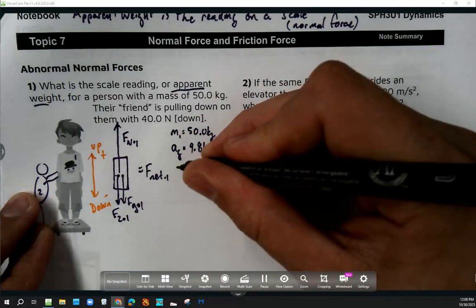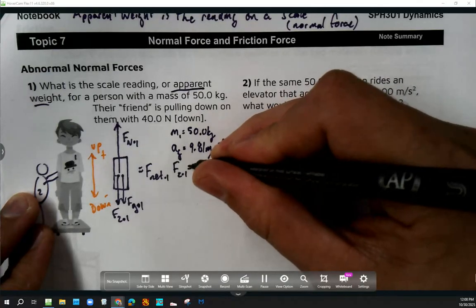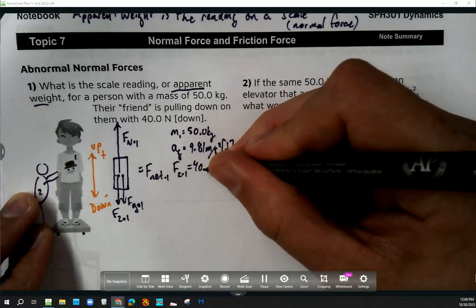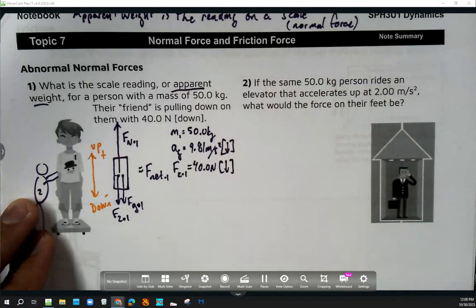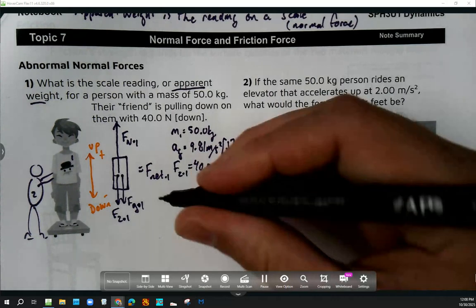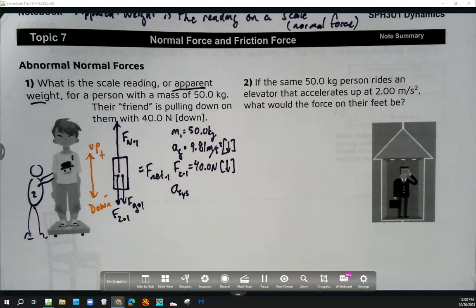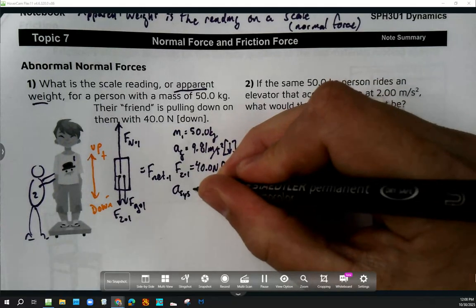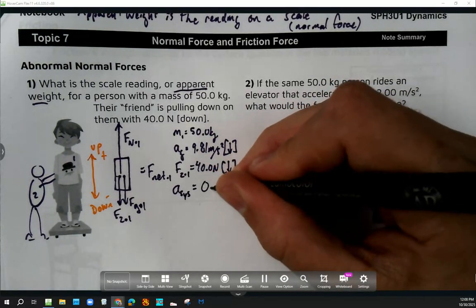And we could say, well, force of 2 acting on 1, according to the descriptor, is 40 newtons, which is also down. That little person pulling down on us. And, oh, what about the acceleration of the system? What's the acceleration of the system? Yeah, 0. It looks like the total acceleration, the acceleration of this system, is 0 meters per second squared.